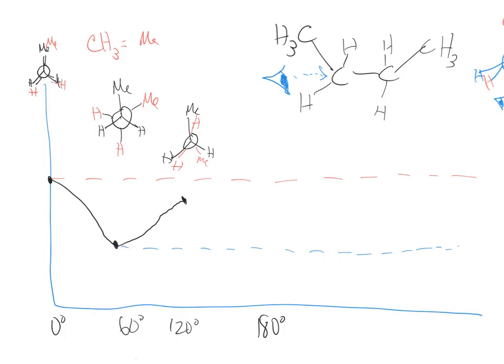Now, when we compare it to 60 degrees, is it going to be higher, lower, or the same? Lower. It's even lower, because the two biggest groups are as far away from each other as possible. So it's the lowest in energy.